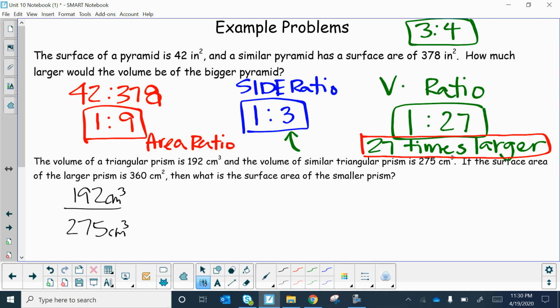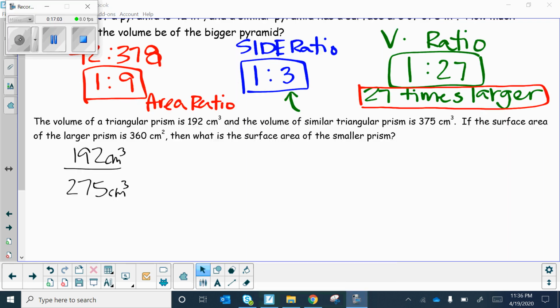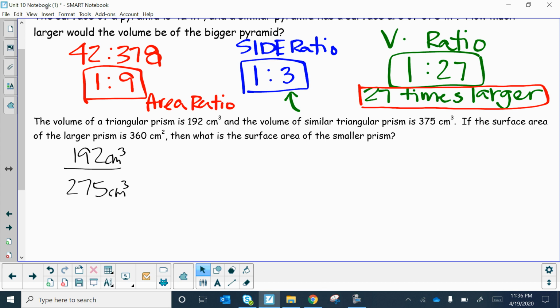What does 192 reduce to? No, stop. Let's see. Let me go find my other calc.